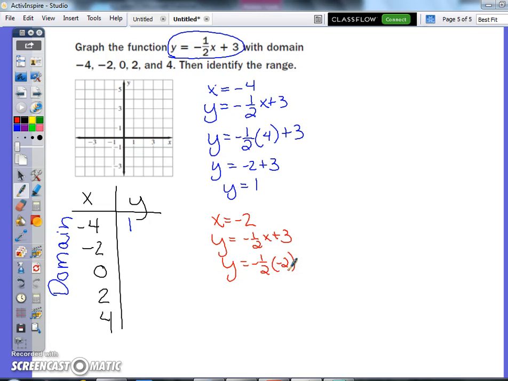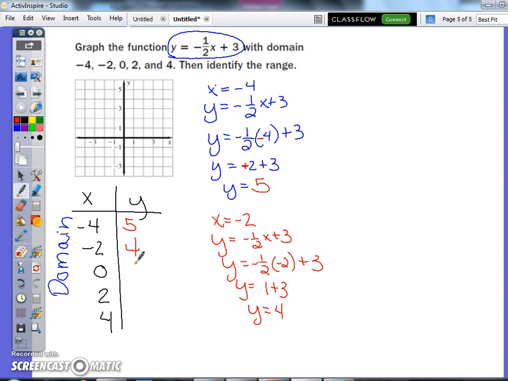Now remember, oh, look, I made a mistake, guys. All I did was plug in this -2 in for x. And -1/2 times -2 gives me a +1 plus 3. So y equals 4.